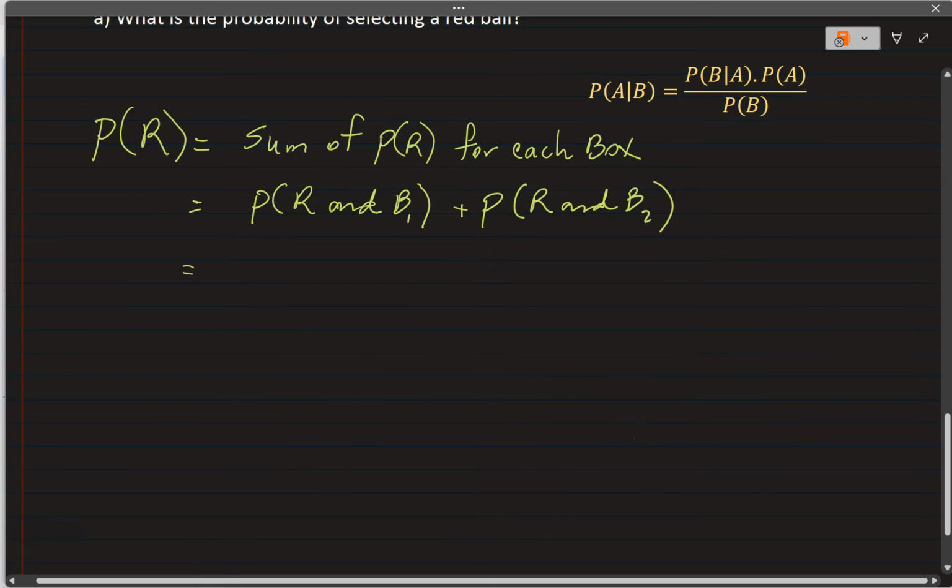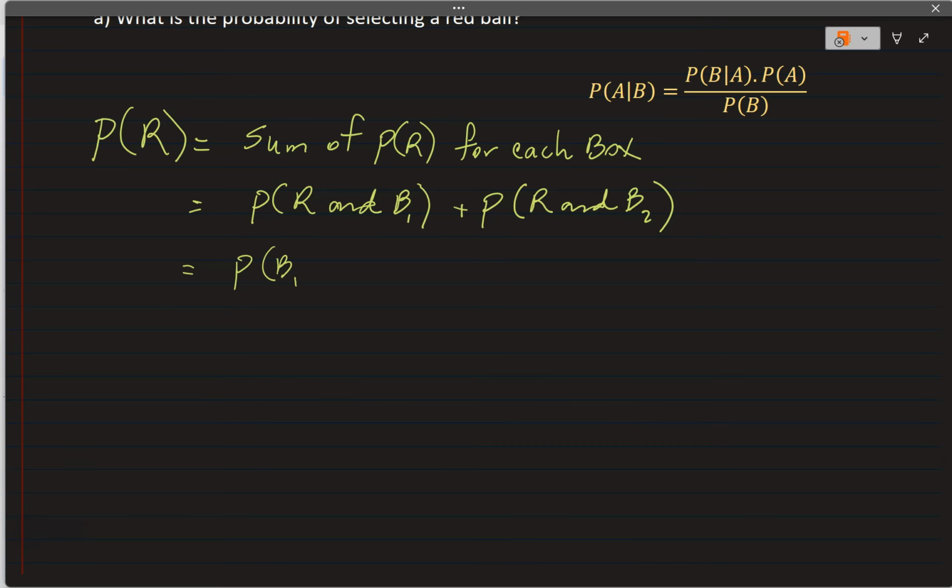Remember, this is the "and", so that means the probability of being in box 1 first, multiplied by the probability of red being in box 1, plus the same thing with the next one: the probability of box 2 first times the probability of a red ball in box 2. Then we are adding the two probabilities.